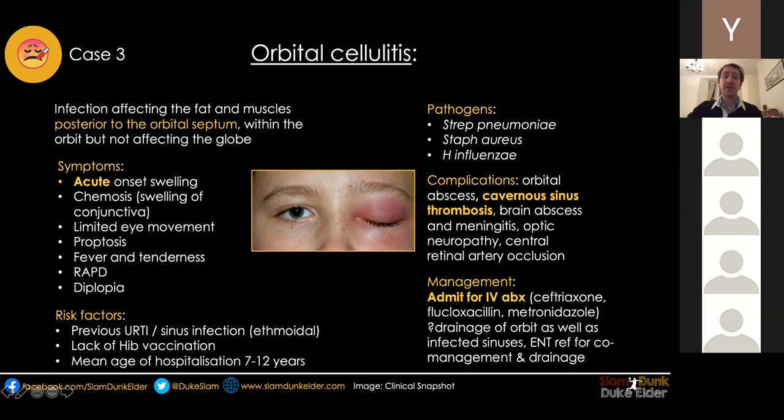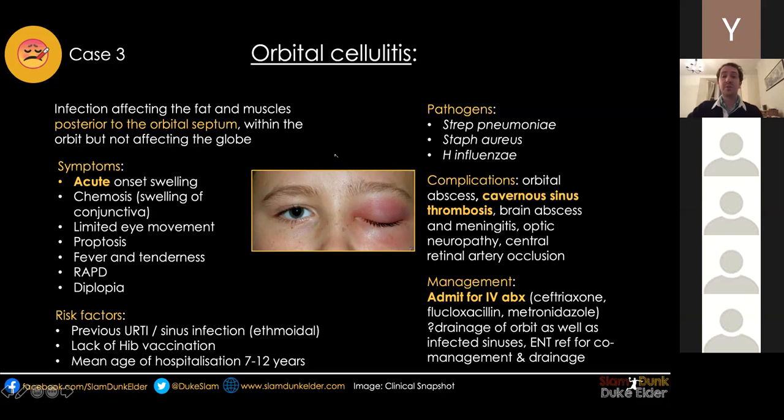and the risk factors are a previous upper respiratory tract infection, and the most common spread is from the ethmoidal sinuses. Patients who haven't had their Hib vaccine, so the question might be from a patient who's come from another country where it's not part of their vaccination schedule, that might be a clue in the question, but it's normally young children who suffer from this the most.